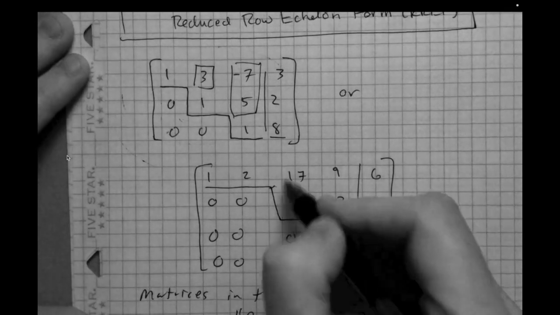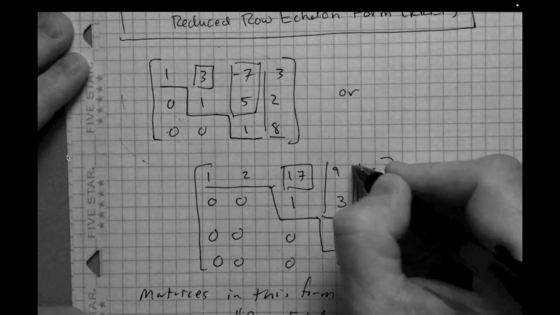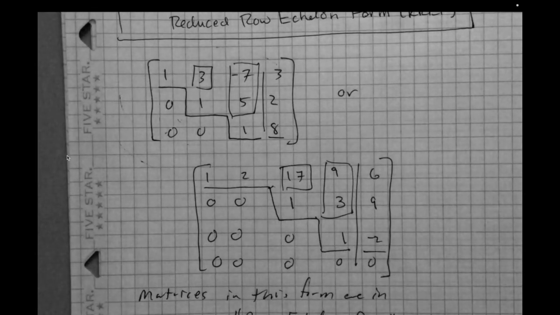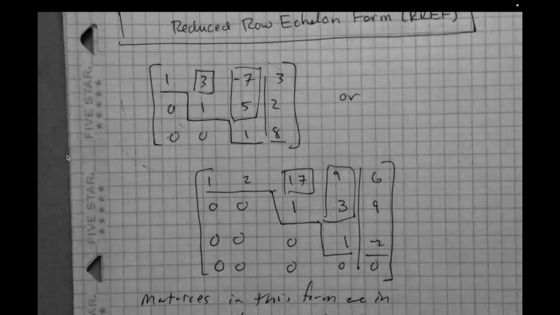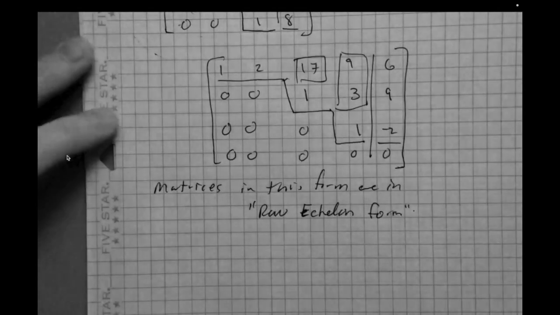In this matrix, we could easily target that 17, the 9, and the 3, because they're above the pivots. This simple and obvious extension of Gaussian elimination is what's meant by Gauss-Jordan row reduction.